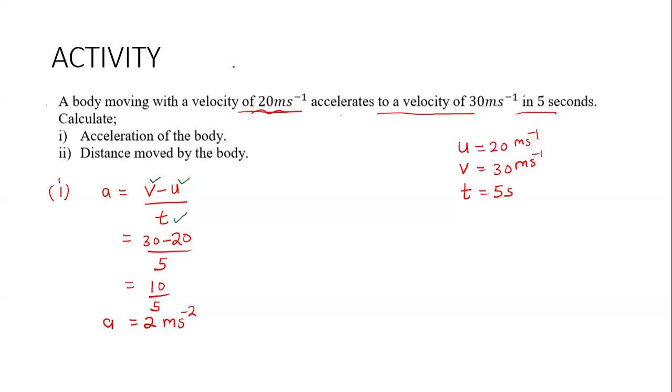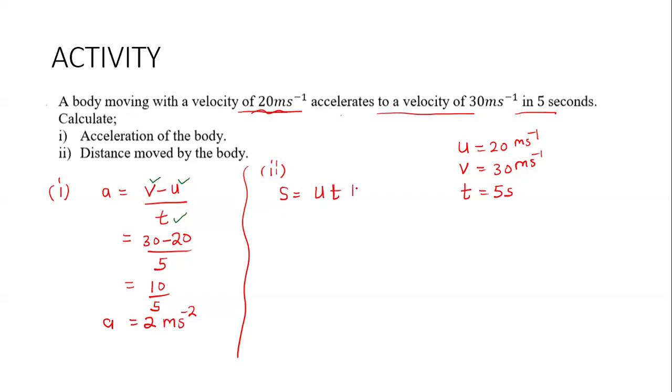Yes, Bera? Teacher, I was requesting to take us through number 2. Okay, take us through number 2. Roman 2. So distance moved is still the same as displacement. So displacement is seen as S is equivalent to the initial velocity, which is U, plus a half of acceleration.